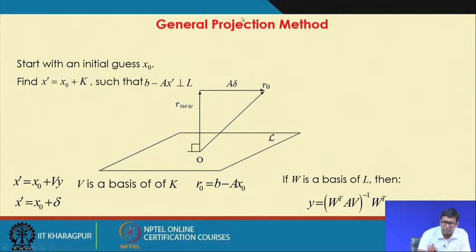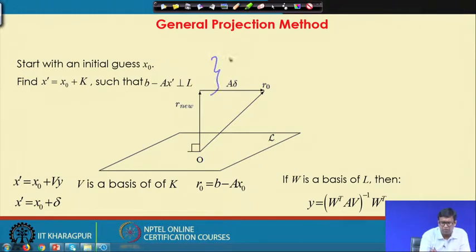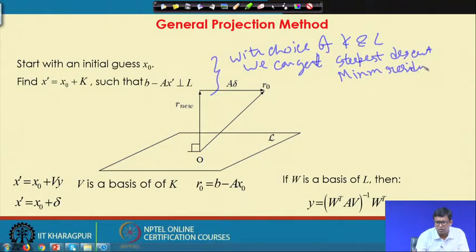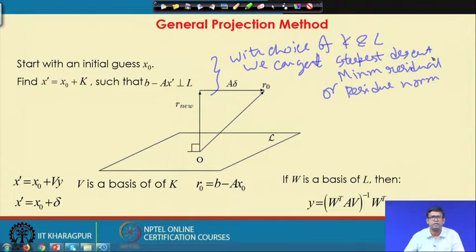With the choice of K and L, we can get steepest descent, minimum residual, or residual norm algorithms. With different choices of K and L, we can get these algorithms.